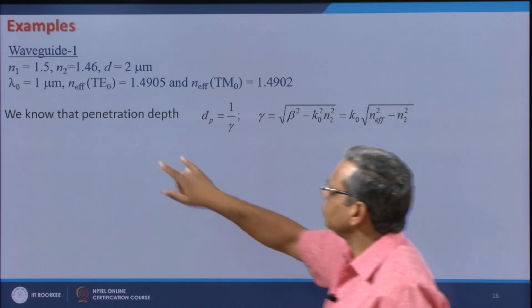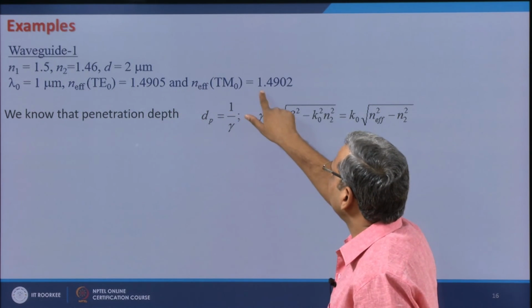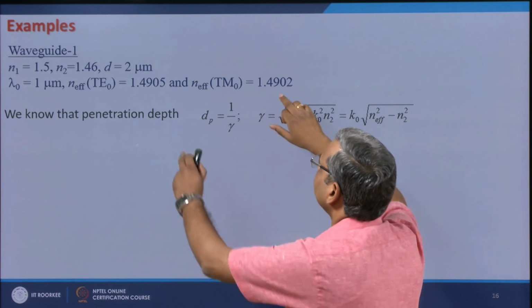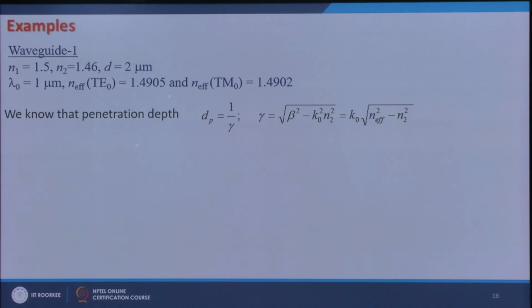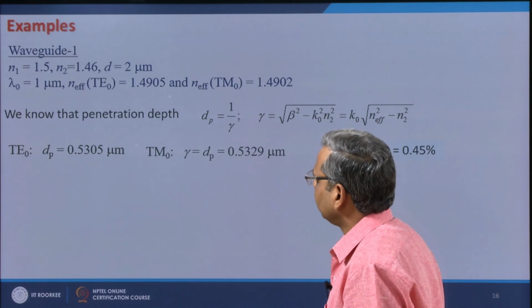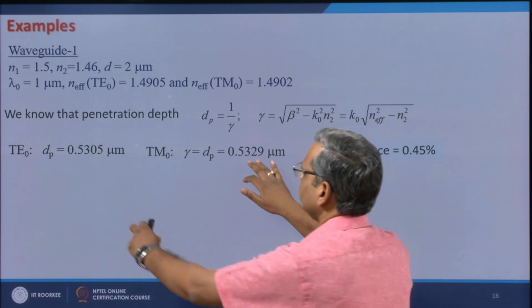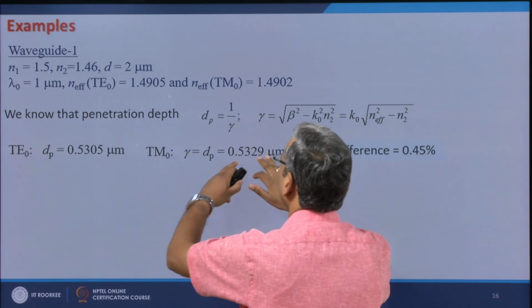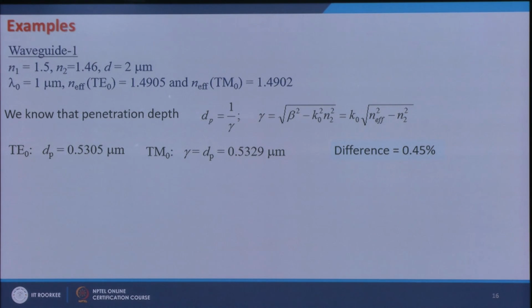So, you can see if the index difference is very small, TE0 and TM0 modes have nearly the same propagation constants, very close to each other. And if I now calculate the penetration depths for the two modes, they are also very close to each other, 0.5305, 0.5329, a difference of only about 0.45%.